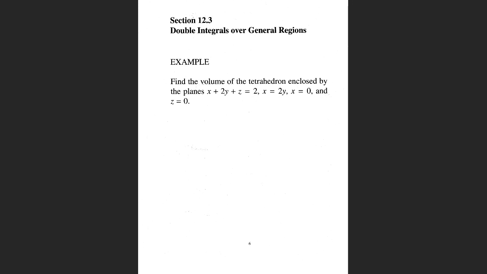And in section 12.2, the volumes were for rectangular regions in the XY plane. And in section 12.3, the volumes are now going to be over general regions in the XY plane.